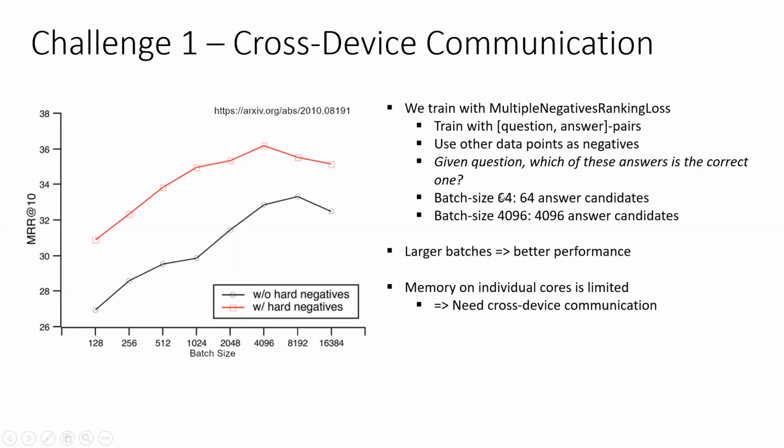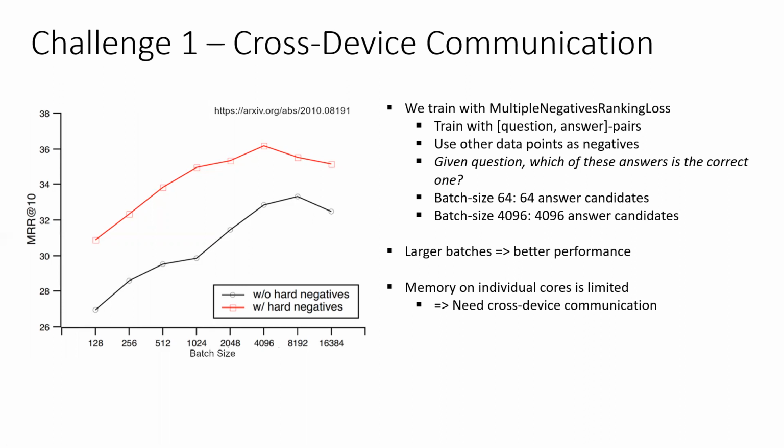When we have a batch size of 64, we use 64 answer candidates. So for a question, we have to find the correct answer out of 64 candidates. However, when we use a batch size of 4K, we have 4K answer candidates. And it has been shown that the larger the batch, the better the performance, because it's a lot harder to find the right answer out of 4K answers than out of 64 answers.